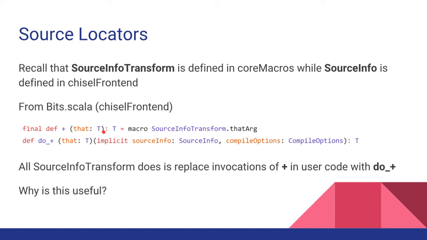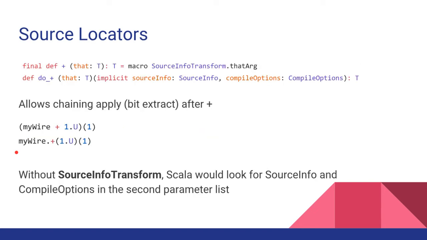So why do we need this whole macro that takes every plus and replaces it with do_+? Well, what happens if you wanted to chain a bit extract after a plus? If I wrote myWire + 1.U, so let's imagine that we had the other plus, like instead there's no do_+ here, pretend like this whole argument list is actually up here.